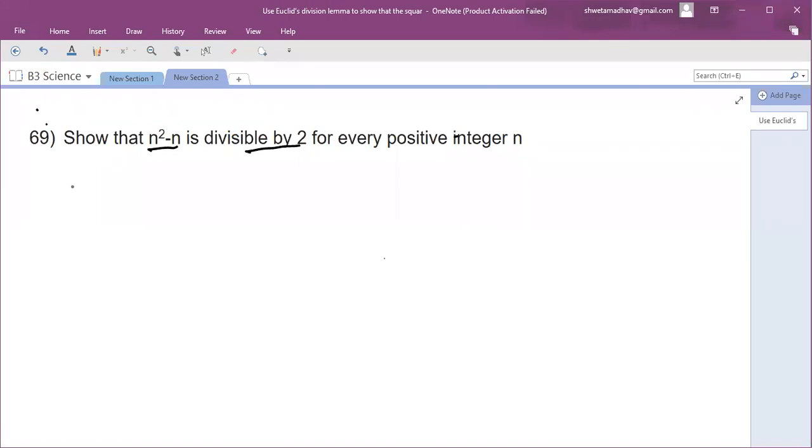That means you didn't understand anything earlier. Did you understand or not? This question: n is any positive integer, and we have to show it is divisible by 2. When it is divided by 2, what are the things we get?